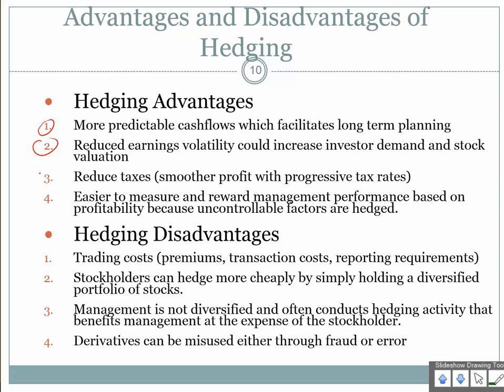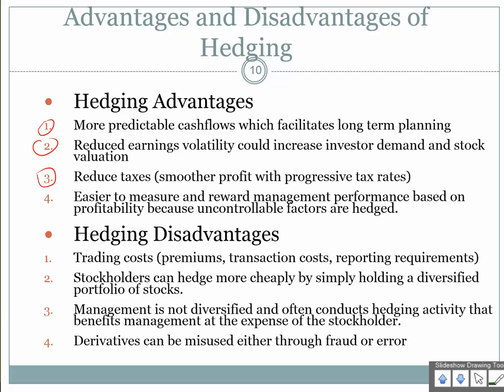If you face a progressive tax rate system, spikes in profits due to exchange rates might trigger higher tax rates, and therefore you might be better off having a smoother earnings flow and lower taxes.